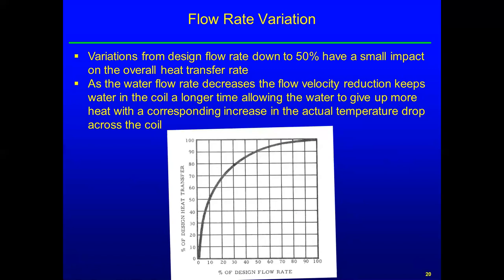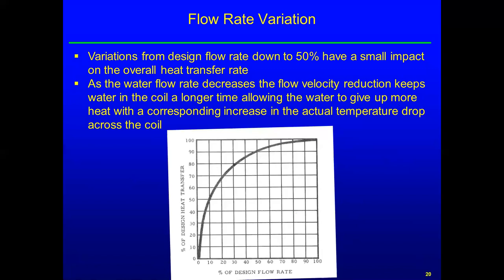Why this is, is that if I cut the flow in half, I increase the residence time in the coil significantly. It might double the amount of time the water's in the coil, and so it has more time to give up heat, and so the leaving coil temperature drops significantly from that initial 20-degree delta T.